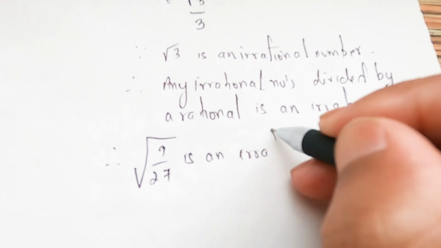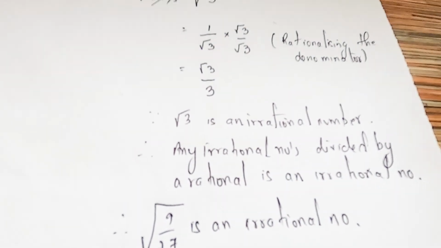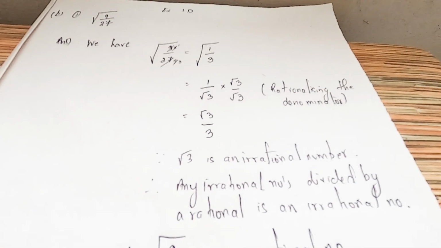All right, so therefore 9 by 27 is an irrational number. So this will be your answer.